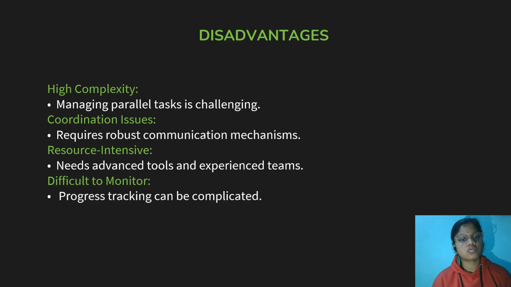Then resource intensiveness needs advanced tools and experienced teams to work on this process model. Then difficult to monitor, since it needs more experience. It's also cost efficient, but it needs a person with particular knowledge, else it cannot be monitored properly.